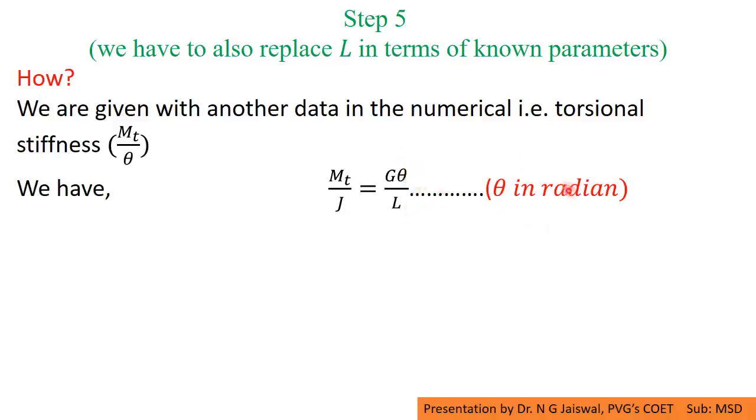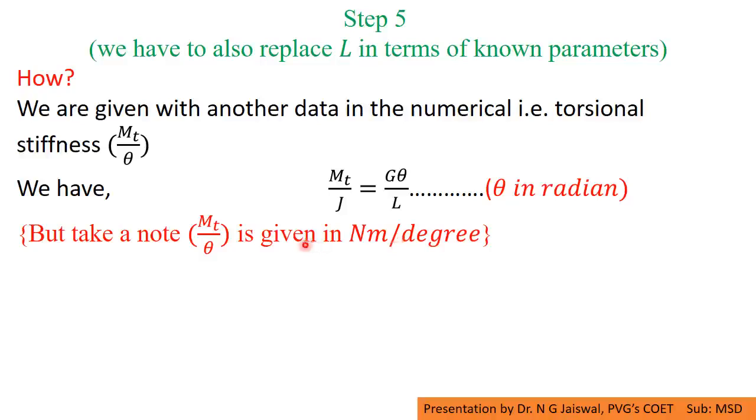Theta is always in radian in this equation. But take a note that mt by theta, that torsional stiffness, which is given as 100, its unit is Newton meter per degree, not per radian.